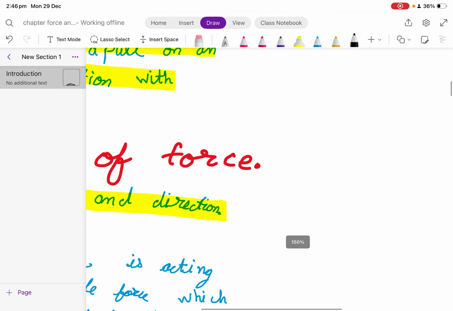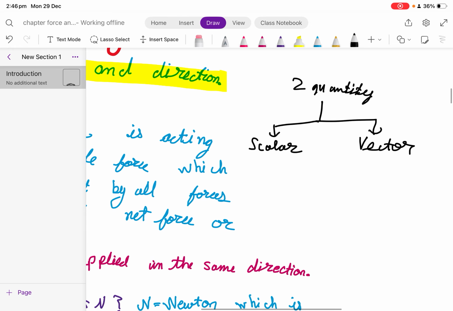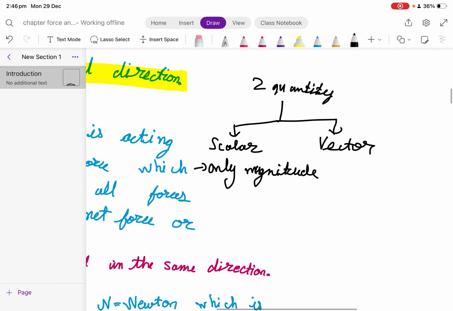There are two types of quantities in the universe. One is the scalar and one is the vector. The scalar quantity is one which has only magnitude, but it doesn't have direction.